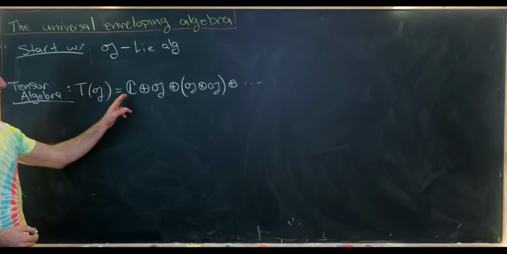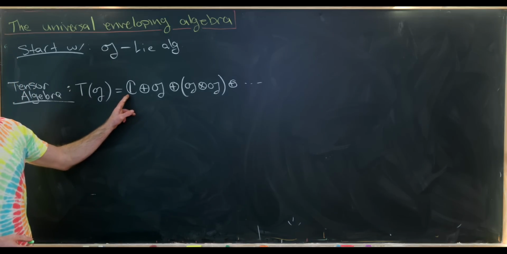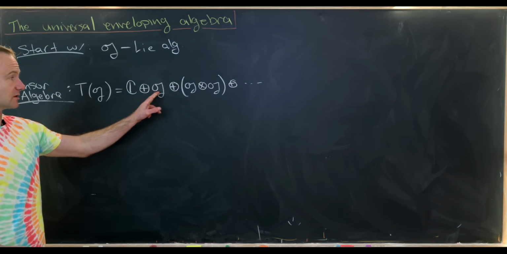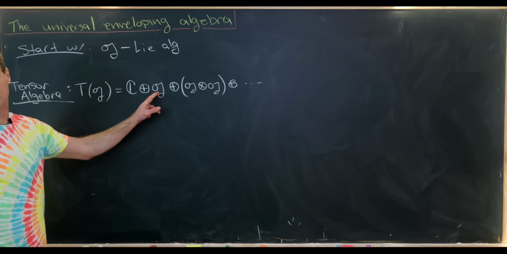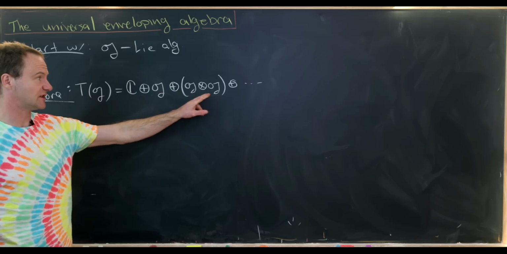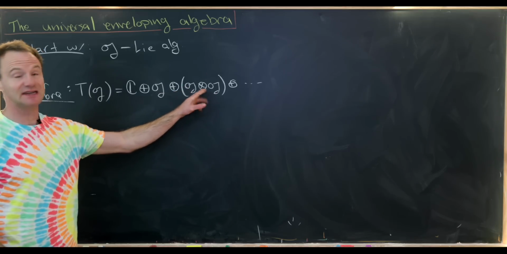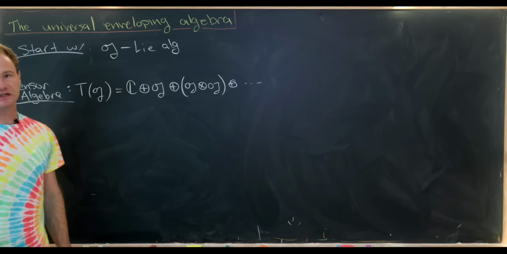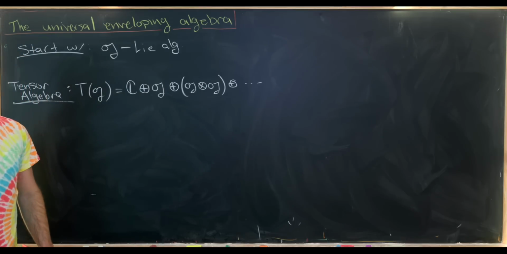So, in fact, you can think about this as like your constants. These are your terms that are linear in G, because G is just by itself. These are terms that are quadratic in G. You can think about this as like an element from G times an element from G. The next ones would be cubic, and so on and so forth.